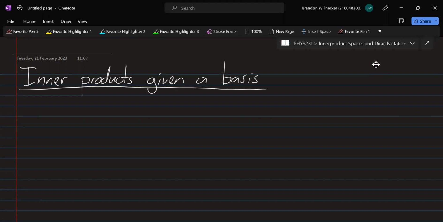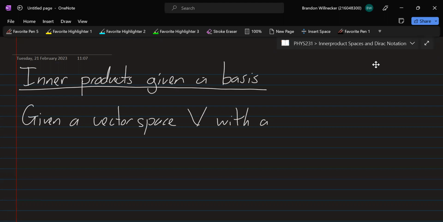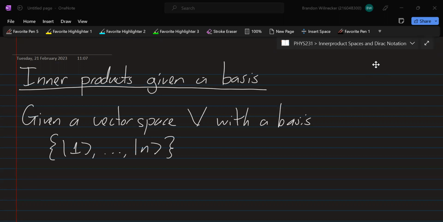Okay, so let's say we have a vector space V with a basis provided by the vectors 1 up to n. Here I'm just using the numbers 1 through n to enumerate the basis vectors.